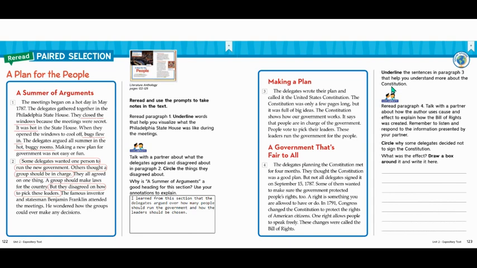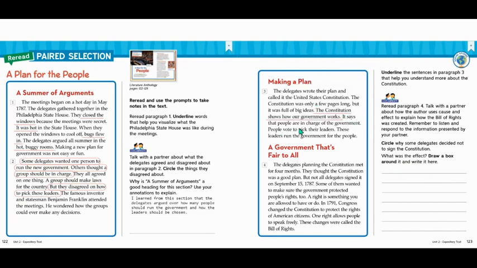Let's reread, and when we come across that answer, we'll underline it. The delegates wrote their plan and called it the United States Constitution. The Constitution was only a few pages long, but it was full of big ideas. The Constitution shows how our government works. Oh, that sounds like it is a part of our answer. It's explaining more about the Constitution and what it does.